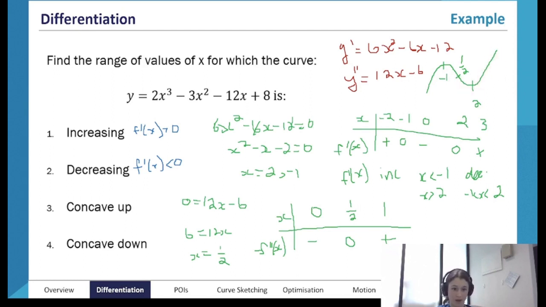So our answer as we write it is that our curve is concave up when x is greater than a half, and it's going to be concave down when x is less than a half. And again, we use strict inequality signs, because at a half, the curve isn't concave up or concave down. It isn't either one of them.